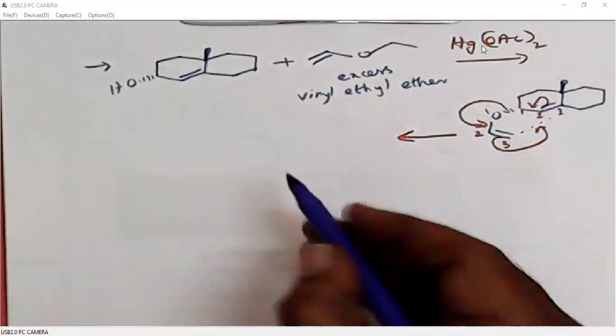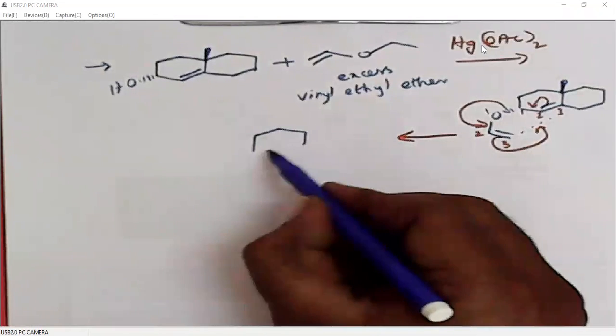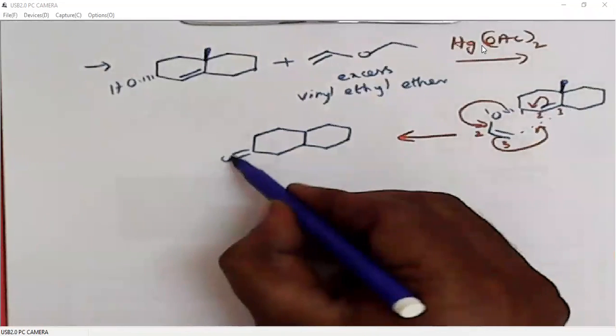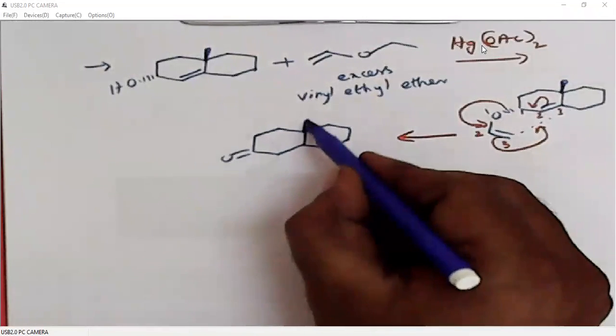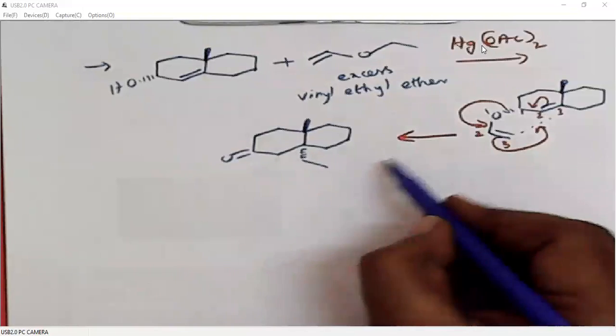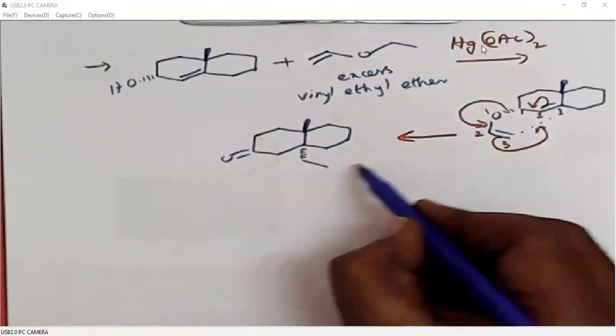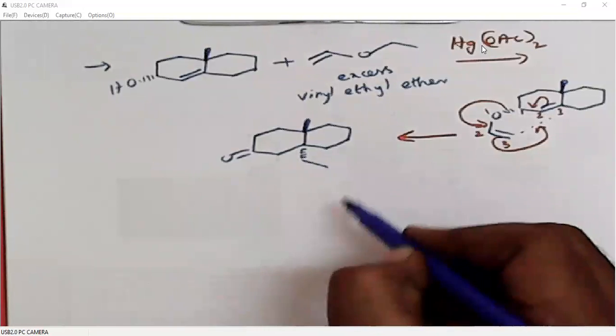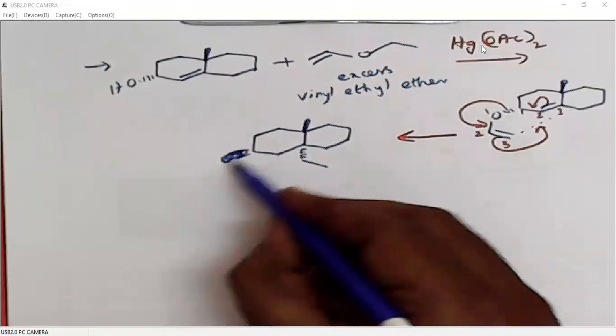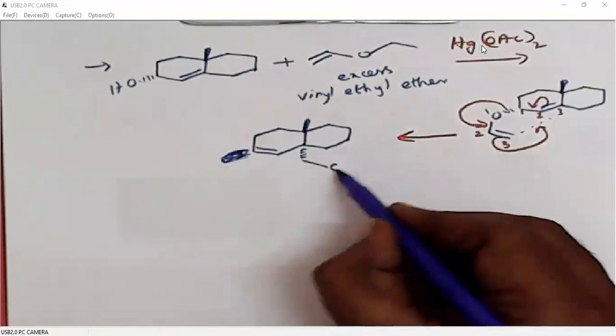So the product here, it is a carbonyl double bond, and this is an allyl system. Sorry, yeah, this is double bond and this is carbonyl.